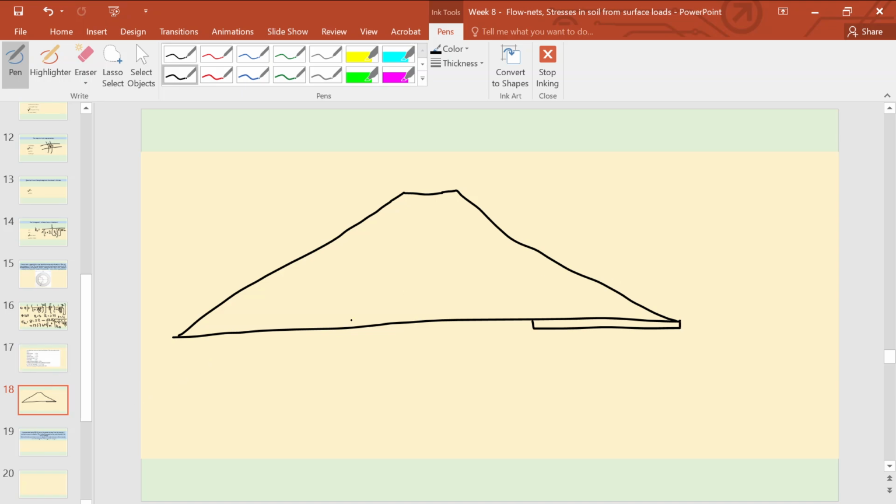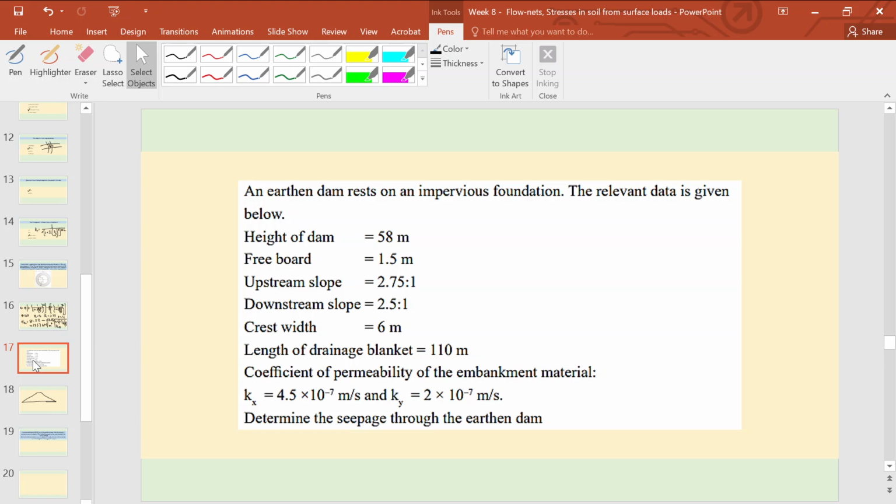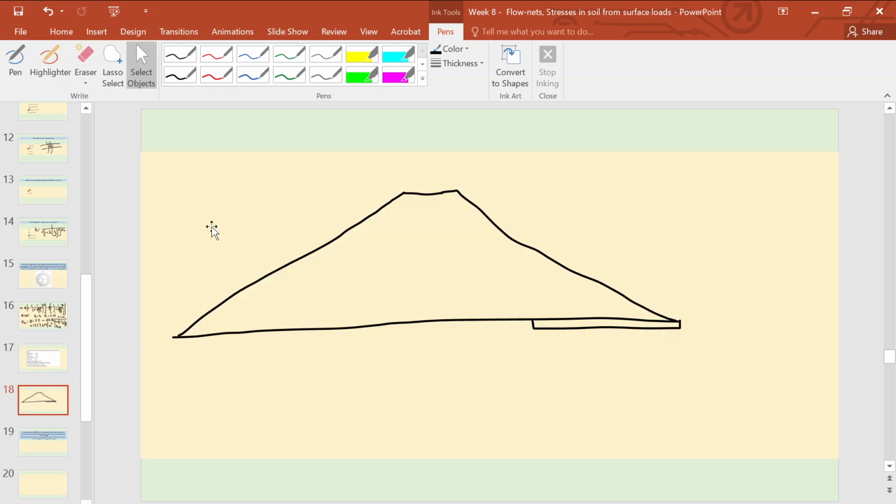Now, in this question, first of all, height of the dam is 58 meters. Freeboard is 1.5 meters.